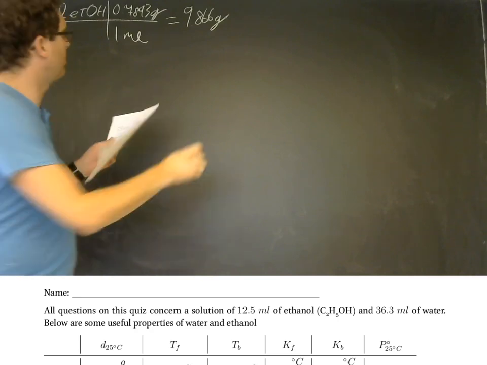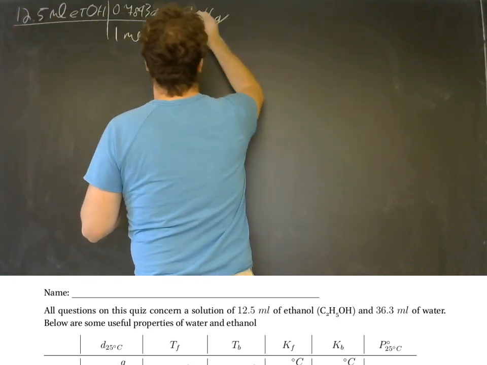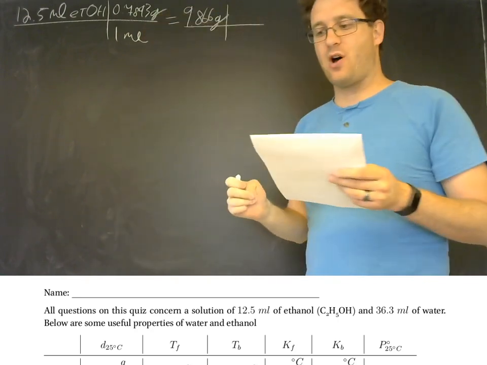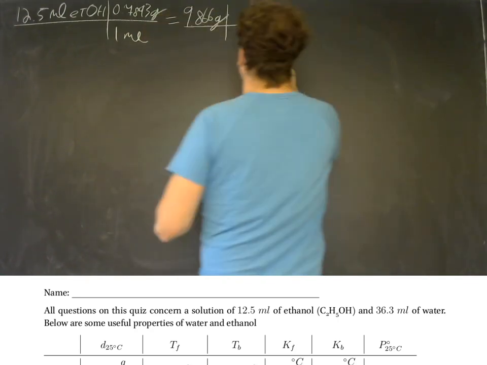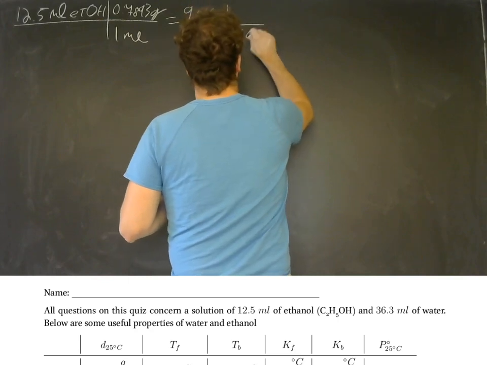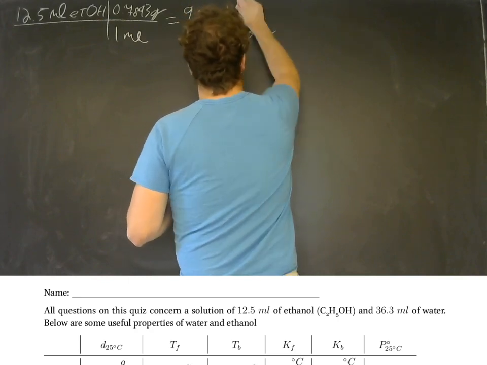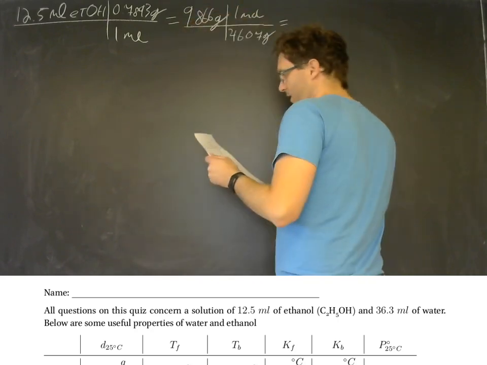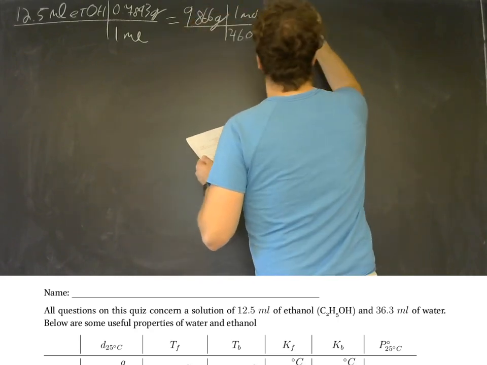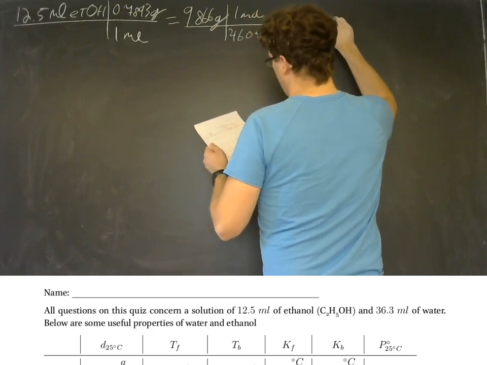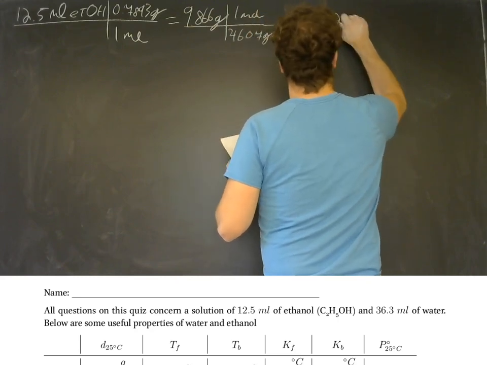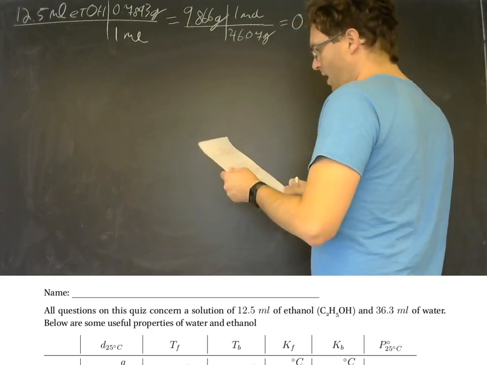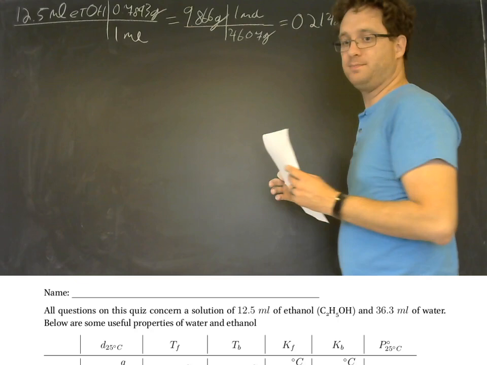Then we can take this one step further. The molar mass of ethanol is 46.07 grams, which is 1 mole. So how many moles of ethanol do we have? In the end, it's 0.2142 moles.